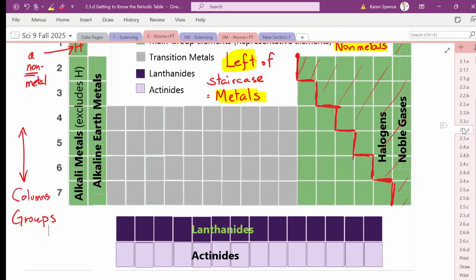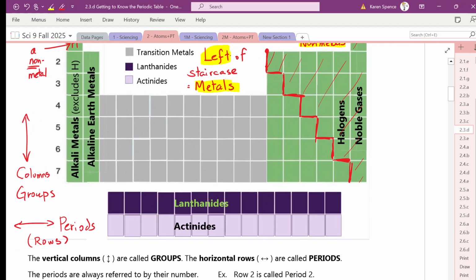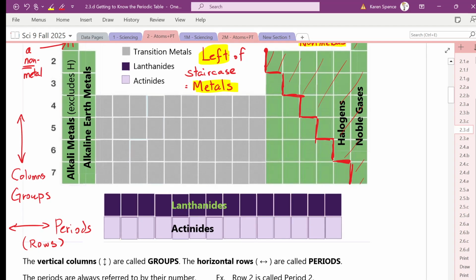Okay. So columns are called groups. What do we call those things that go side to side? Those are called periods. Okay, so vertical columns are called groups. Horizontal rows are called periods.